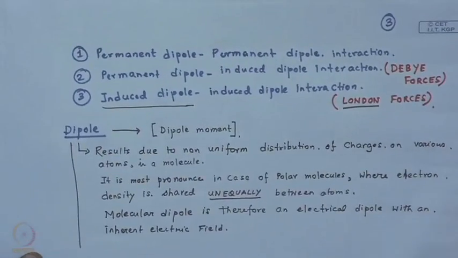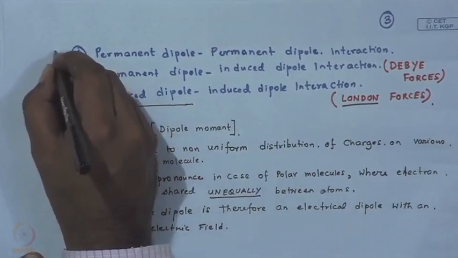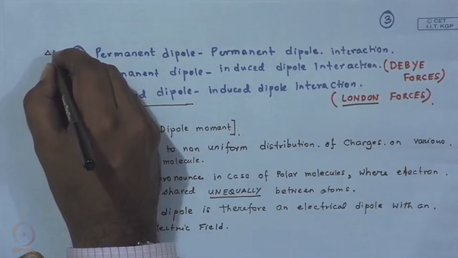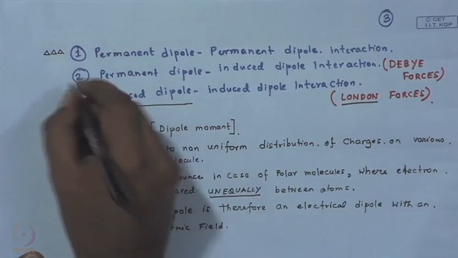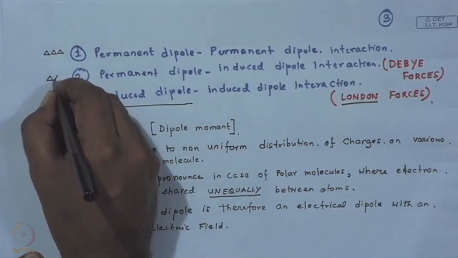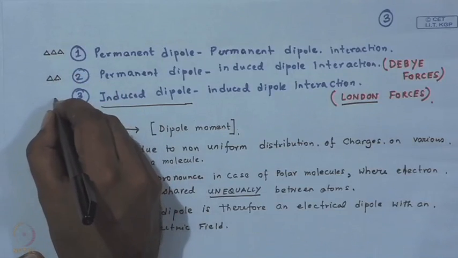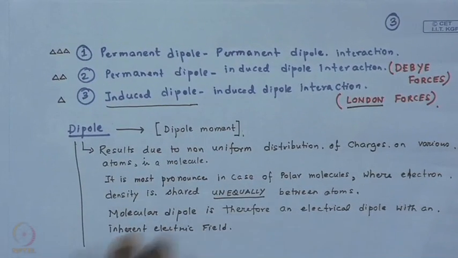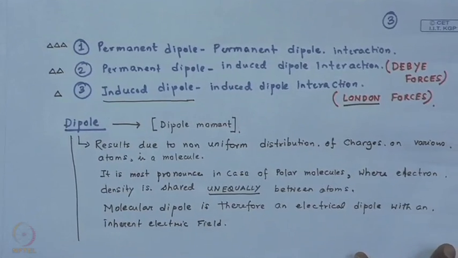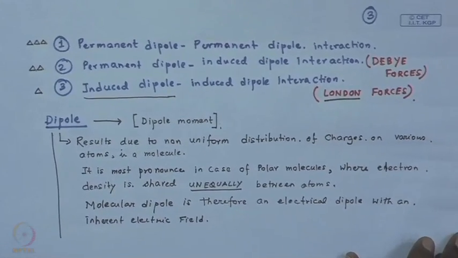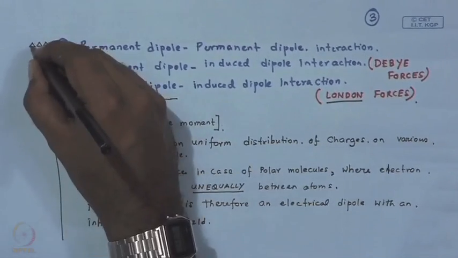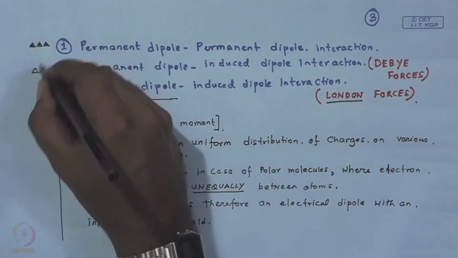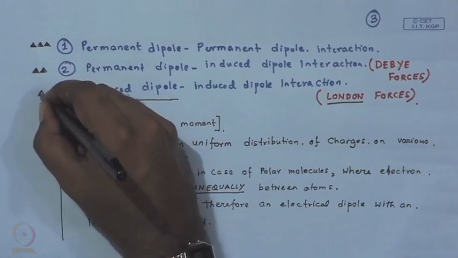Of course, let me also just mention one particular thing. The strength of the interaction is highest for a permanent dipole. Permanent dipole interaction is followed by the permanent dipole induced dipole interaction, and is lowest in case of induced dipole interaction. So, these are the strongest ones and these are the weakest ones.